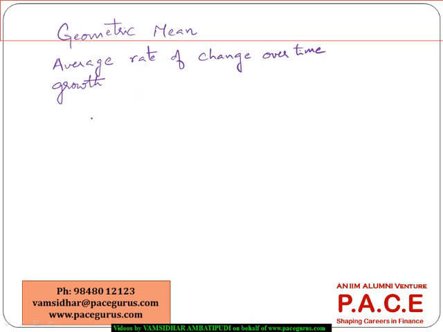And in general, geometric mean is computed as the product. See, in an arithmetic mean, we are adding all the numbers and we are dividing by the count of them. Whereas in case of a geometric mean, we multiply all the numbers and we raise it to the power of 1 by count. That is how we compute the geometric mean.